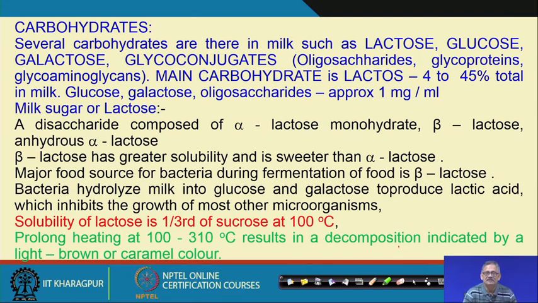The main carbohydrate is lactose, 4 to 45% of the total present in milk, rather it should have been a typographical mistake. It is around 4 to 5%, not 45.